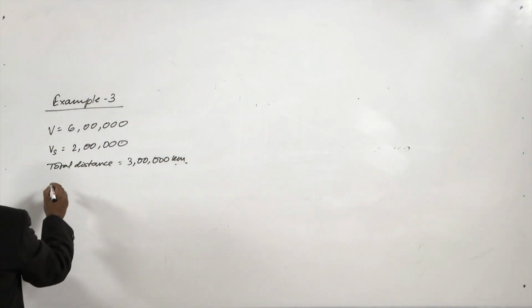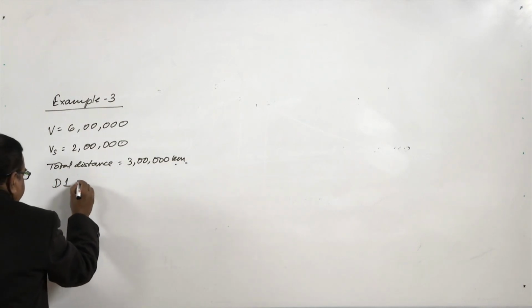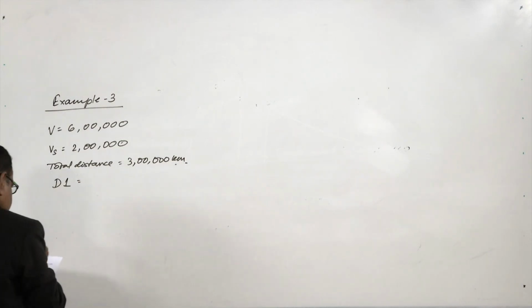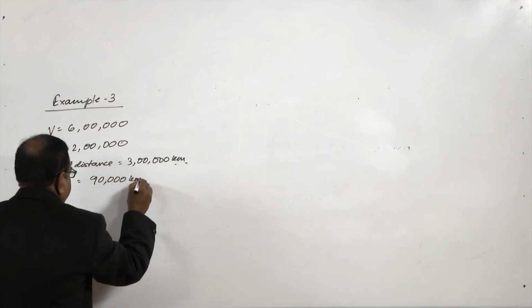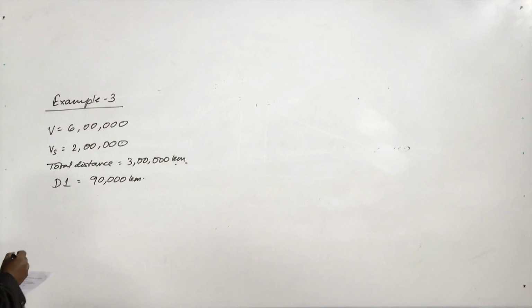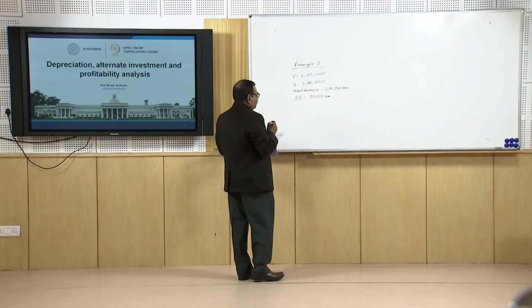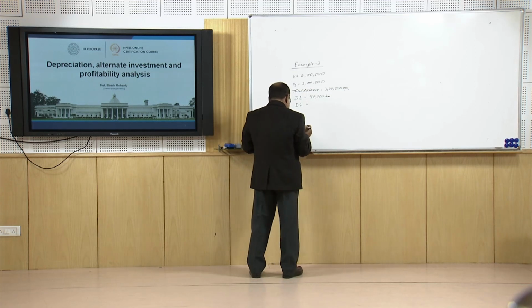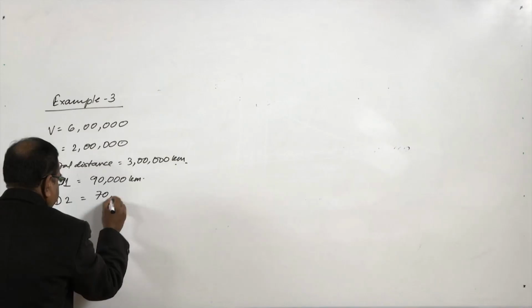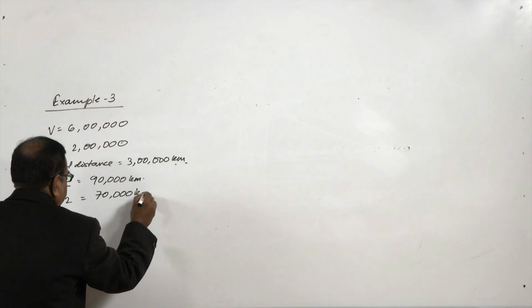Now, distance travelled in the first year, if I call it D1, then this is 90,000 kilometer, and the distance travelled in the year 2, if I call it D2, this is 70,000 kilometer.